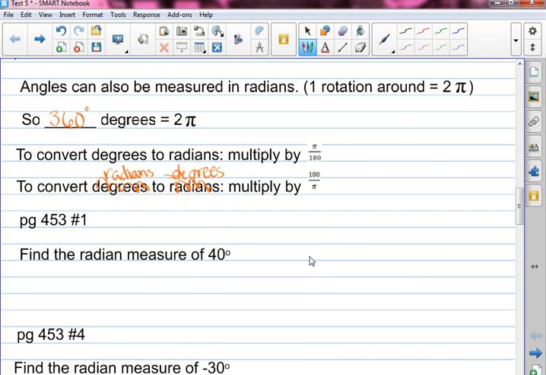Okay, my mistake has been corrected. To convert degrees to radians, you multiply by pi over 180. And to convert radians to degrees, you multiply by 180 over pi. That is something you need to memorize.